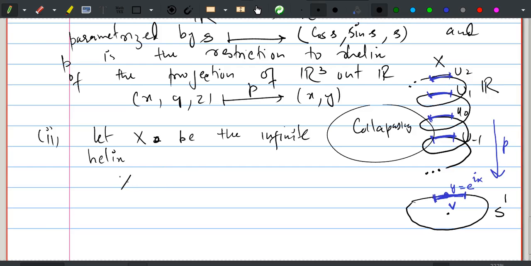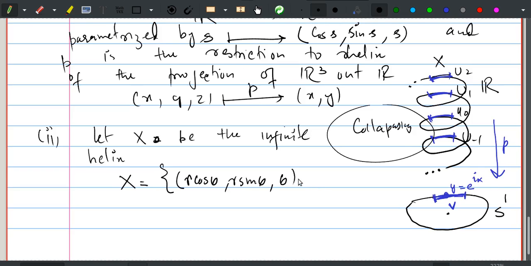That is, this X is actually the triplet r cos theta, r sin theta, and theta, where r is between 1 and 2 and theta is a real number.